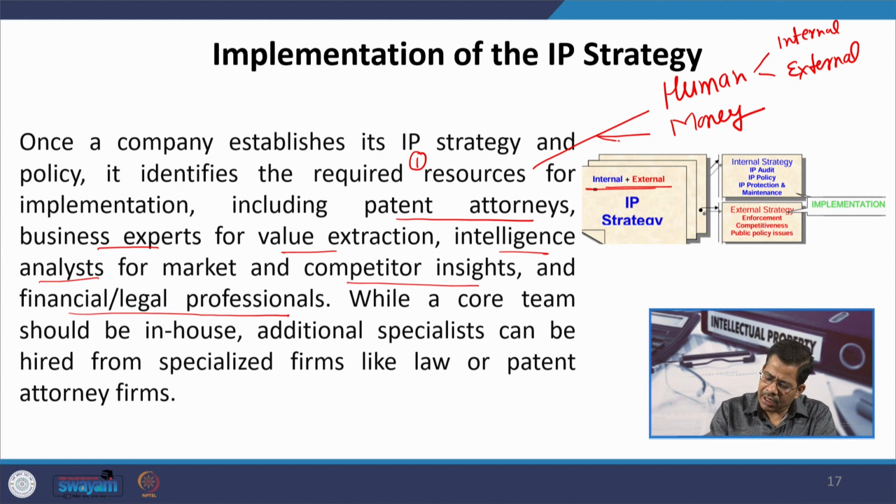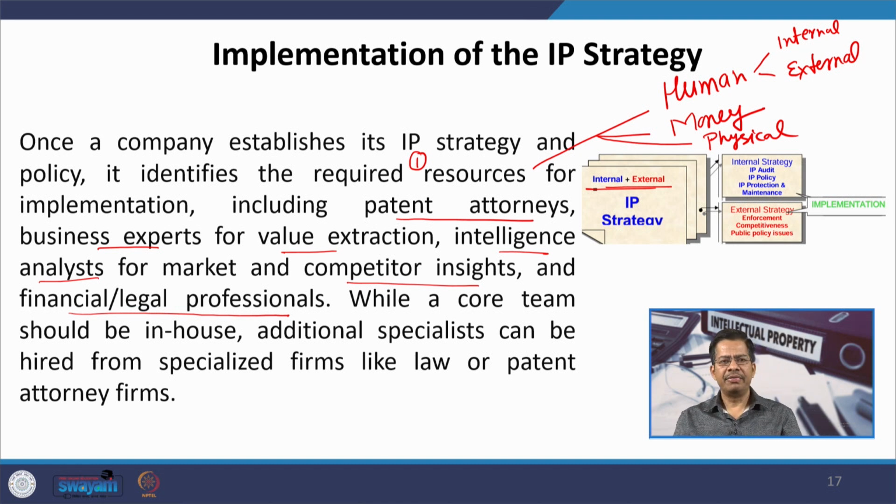Then the third important thing in terms of resources is physical resources. Some of you may connect physical resources with money itself. The proper office, lab, and facilities which enable the implementation of the IP strategy, that is also part of your resources. So, these are the different types of resources which will be needed for implementation of your IP strategy.